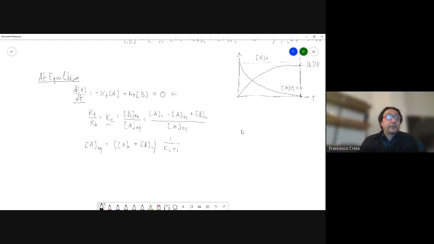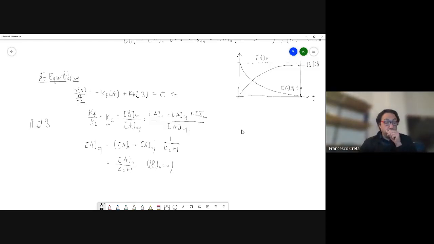In fact, if B0 is 0, as we usually do, because this is a reversible reaction, so suppose we only start with A, you could even write down simply A0 over Kc plus 1, if B initially is 0.